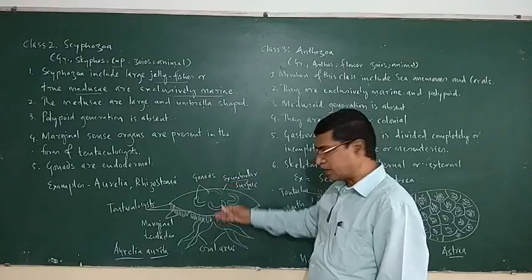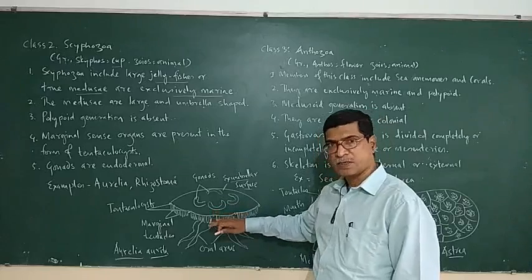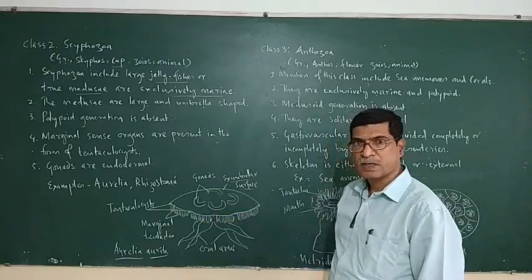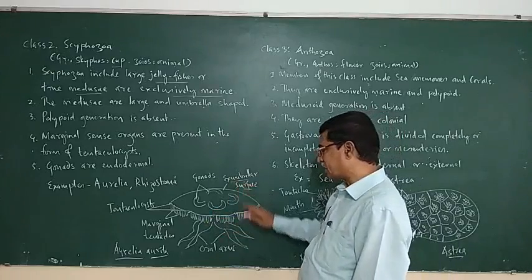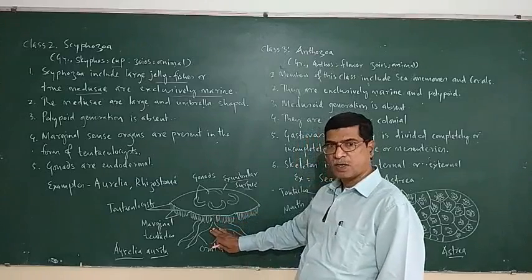Then opposite to this, the lower surface where the mouth is present is called the oral surface or sub-umbrella surface.